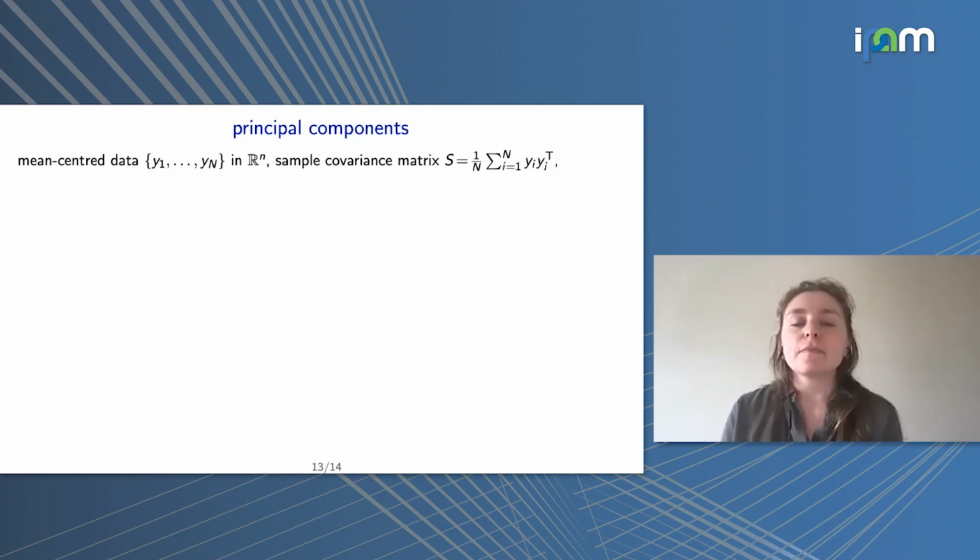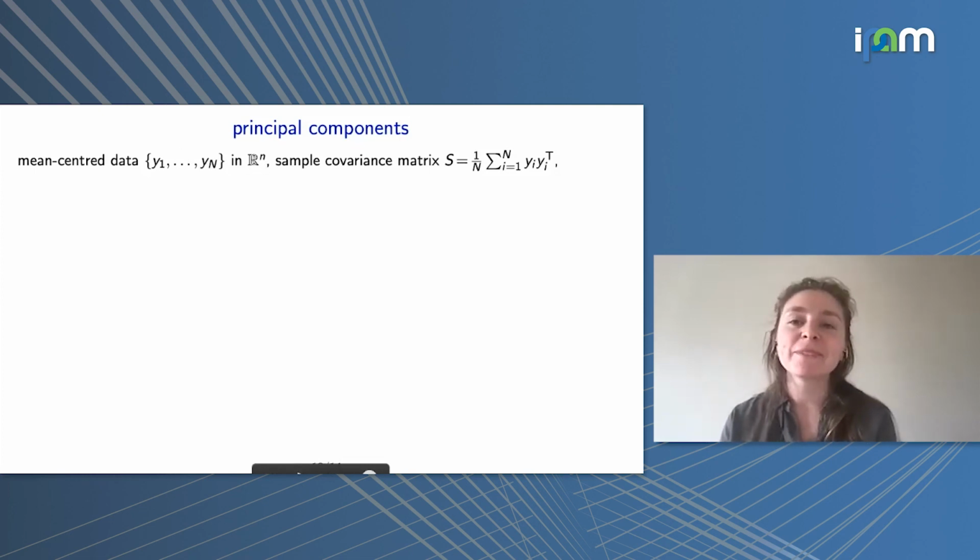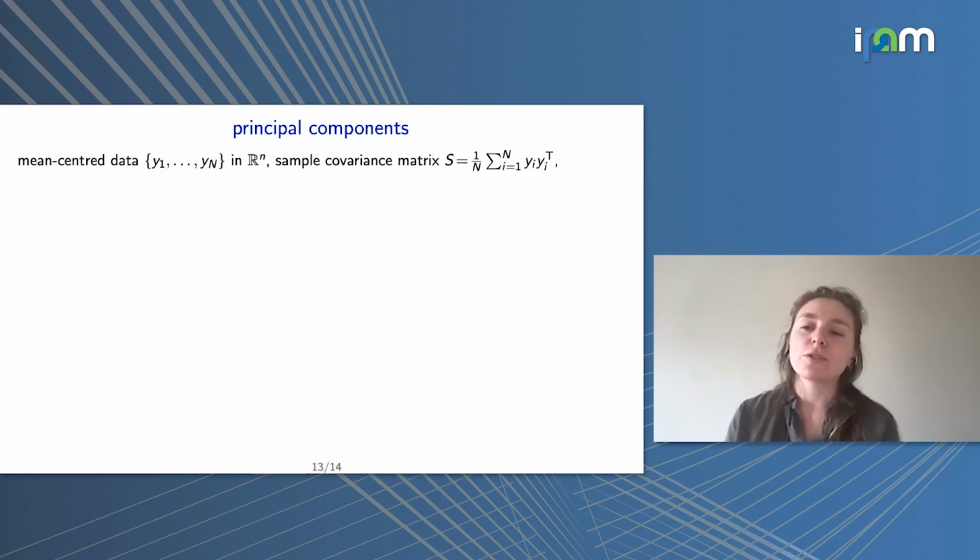So the input to doing principal component analysis is to take some mean-centered data. So let's say I have n samples in R^n. Okay, and then the sample covariance matrix is what I'll use to compute the principal components. So this is S, the sum of the outer products of the sample vectors averaged.